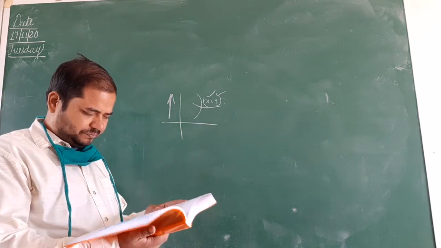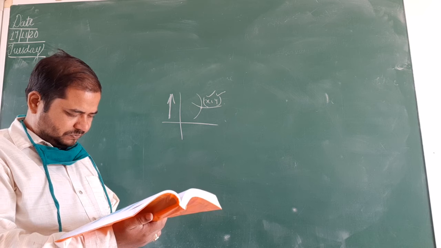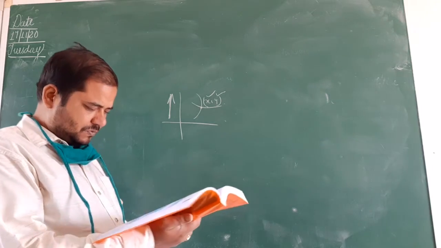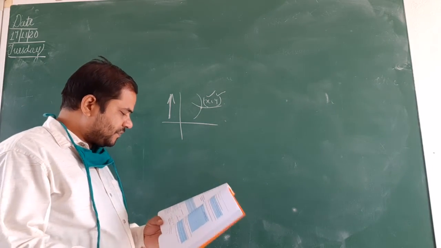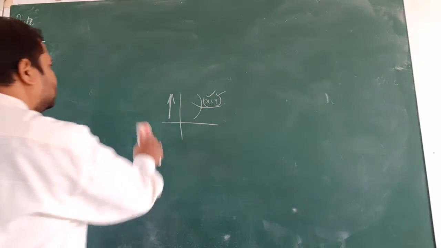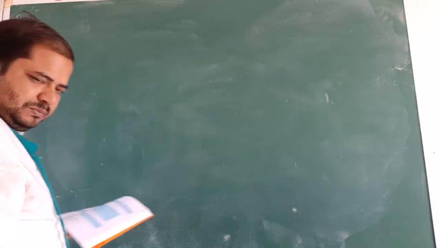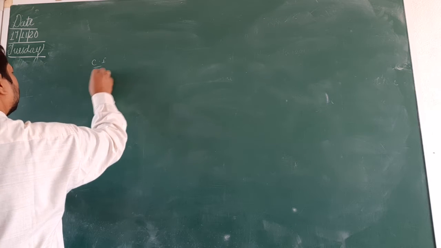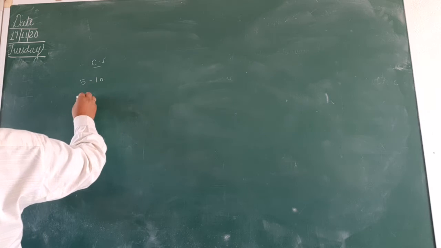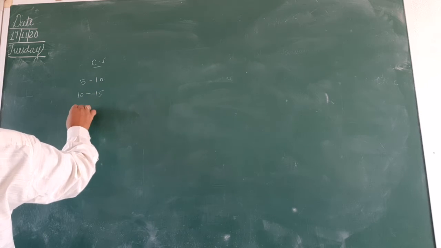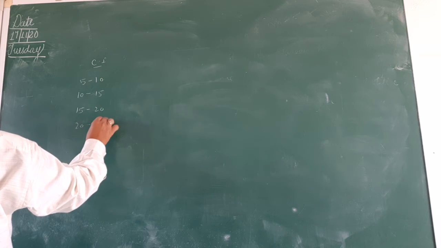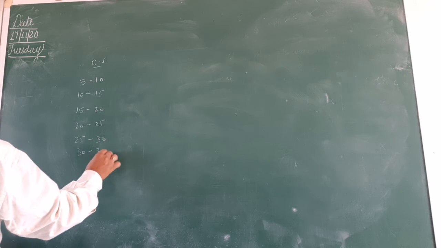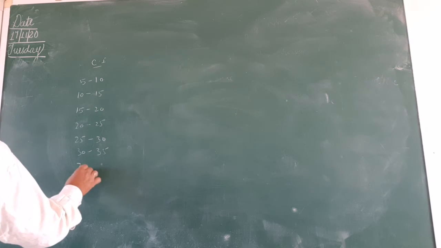So see, classes are given. The class interval is 5 to 10, 10 to 15, 15 to 20, 20 to 25, 25 to 30, 30 to 35, 35 to 40.